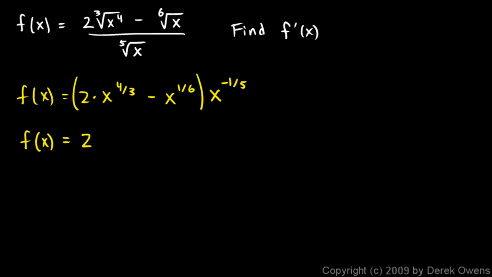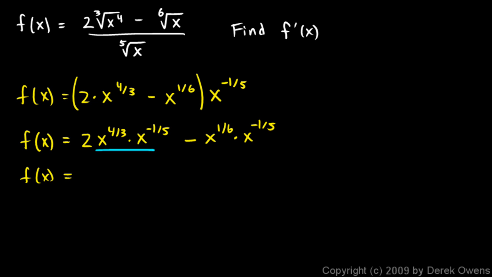f of x is going to be 2 times x to the 4 thirds times x to the negative 1/5, and then minus x to the 1/6 times x to the negative 1/5. Now these can be combined into a single x, and so can these. In the first term, if I multiply these two powers with the same base, I have to add the exponents.